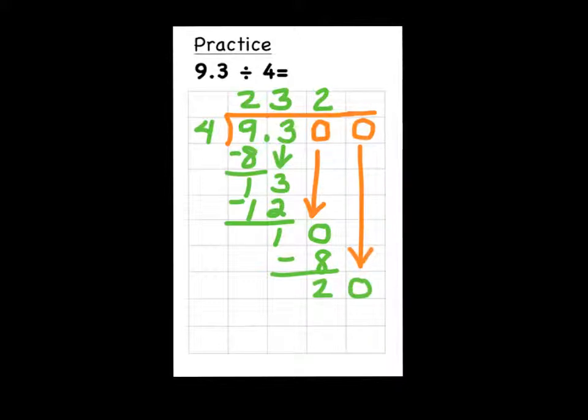And now I'm dividing 20 by 4, and that's going to give me 5. So 5 times 4 is 20, and now I have no remainder, but I still have to put the decimal in my answer. So my decimal would still go straight up from my dividend, and so the answer to this problem would be 2 and 325 thousandths.